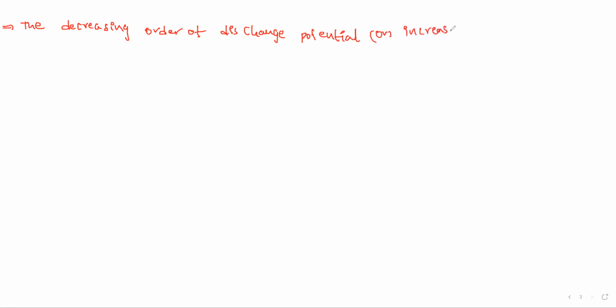And next point, continuing in that one only: the decreasing order of discharge potential, or increasing order of deposition.